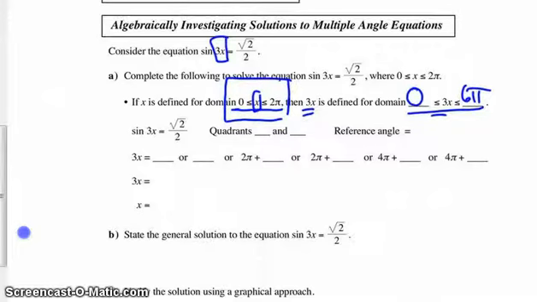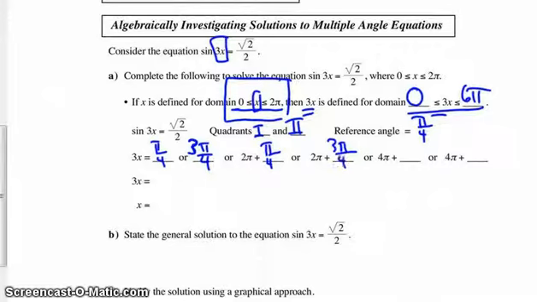Sine 3x is positive, so it needs to be in quadrants 1 and 2. The reference angle is clearly going to be pi over 4. Therefore, 3x is equal to pi over 4, or 3 pi over 4, or on the next rotation, it's 2 pi plus pi over 4, and 2 pi plus 3 pi over 4.